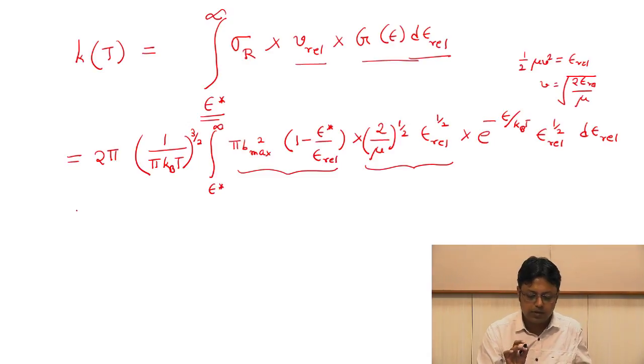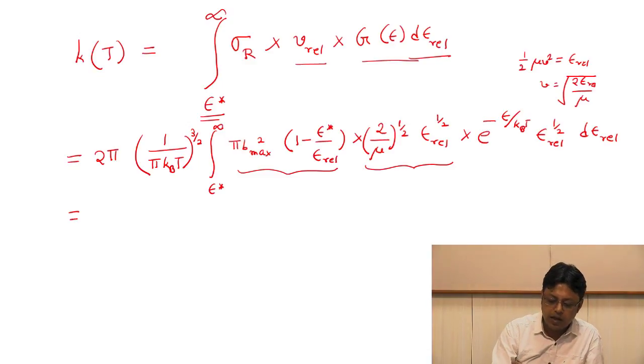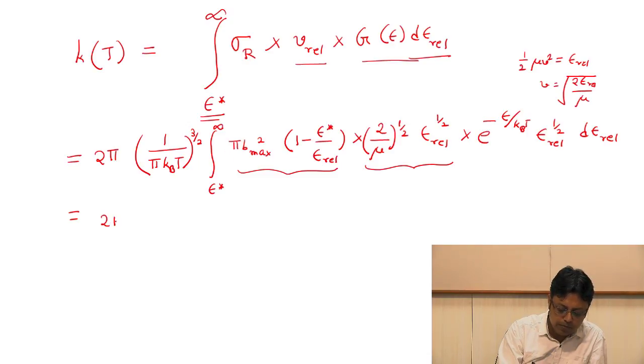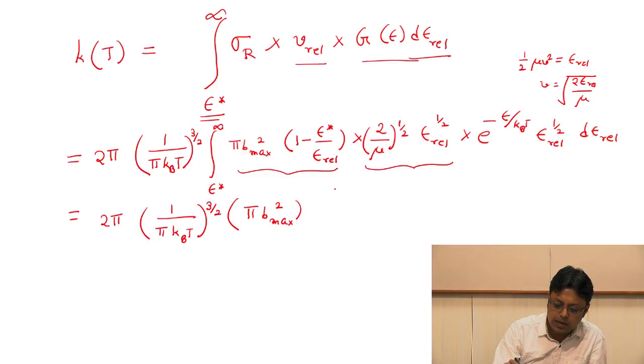Now look at this integral very carefully. We have pi b max squared, but that is also a constant, so we can take it out of the integral. So 2 pi times 1 by pi kBT raised to the power 3 by 2 into pi b max squared. Inside the integral, I can write epsilon relative minus epsilon star divided by epsilon relative.